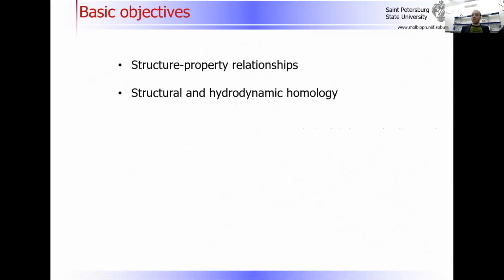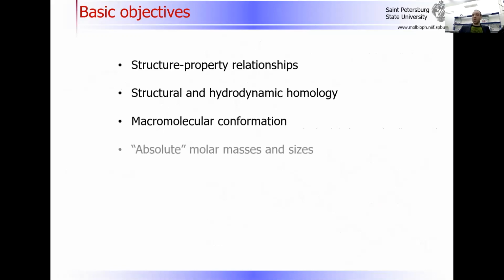What are the basic objectives of the study? Fundamentally, we are trying to establish structure-property relationships between the chemical structure of the macromolecule and its corresponding macromolecular behavior in solution and overall functionality.